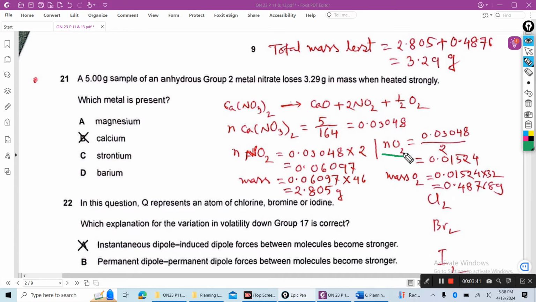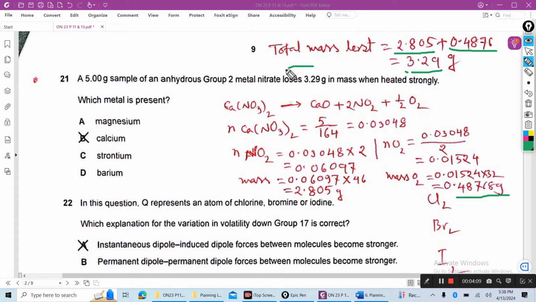Now mass of oxygen, number of mole into molar mass, O2, 16 times 2, 32. So oxygen mass lost is 0.4876 gram. Now total mass lost, nitrogen dioxide plus oxygen, 3.29 gram.